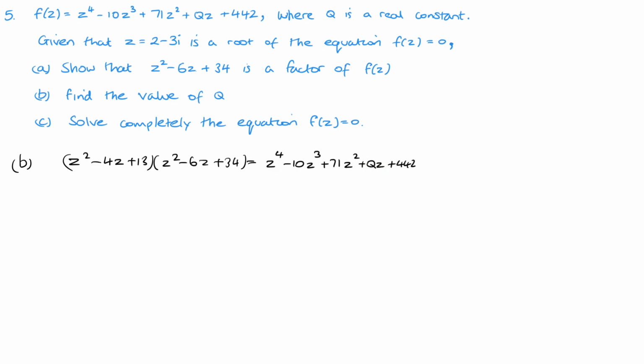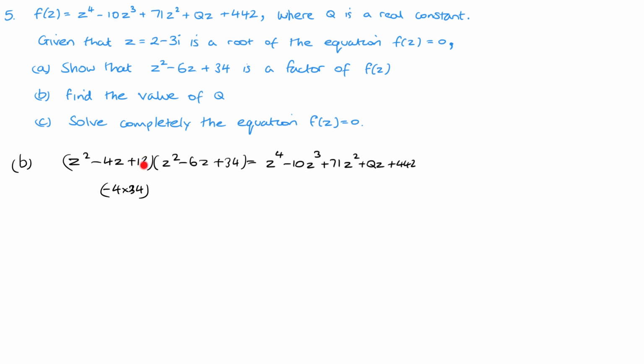So q is just the coefficient of z here, so we just want the coefficient of z from the left side. So if I look at how I get the coefficient of z, it would be this term multiplied by 34, so minus 4 times 34. I'll put it like this just so it's a little bit easier to follow.